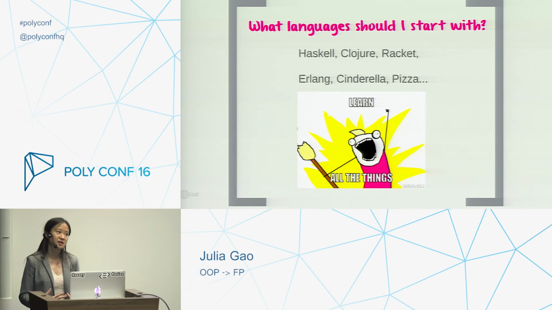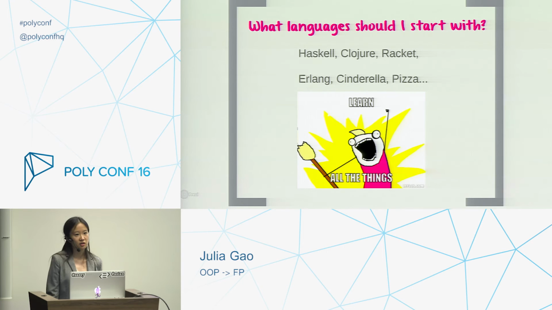And I feel like it's fair to say that you should probably learn just a little bit of Haskell, Clojure, and Racket and stuff, just so you get a feel of some of the pros and cons of each language. And then you can choose which language fits better for your code base.